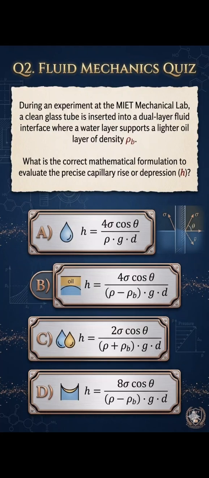During an experiment at the MIT Mechanical Lab, a clean glass tube is inserted into a dual-layer fluid interface where a water layer supports a lighter oil layer of density rho b.